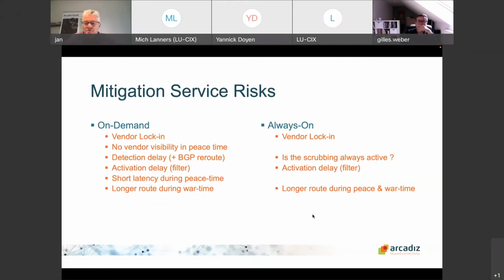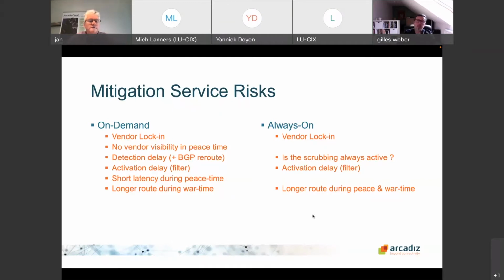So how do we do that? There are essentially two types of services in the mitigation service arena. One of them is on demand, the other one is always-on technologies. The risk the enterprise customer can have is that there is a potential vendor lock-in. Most of the providers have visibility, but they don't give the visibility to the customer during peacetime.